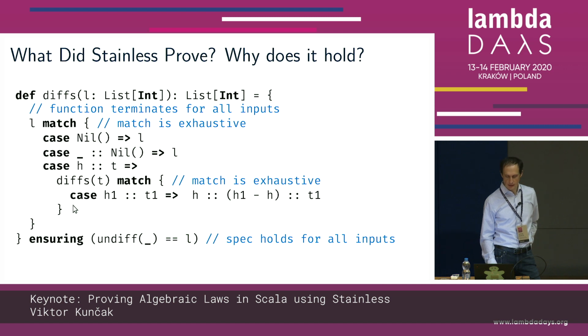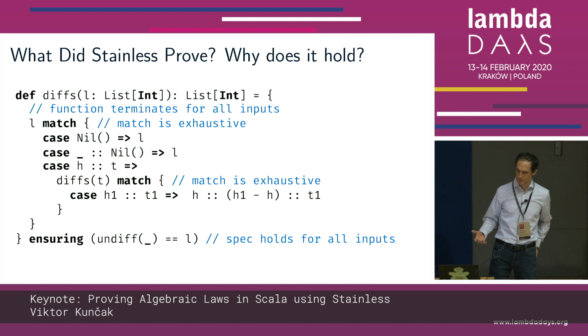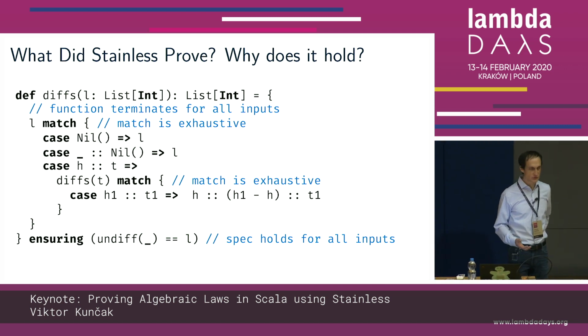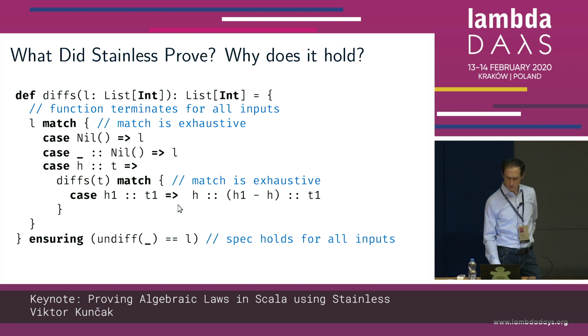Here, I pattern match, and I'm getting back a list, but I don't check for the case of nil. And that's why Scala compiler, when I compile this, issues a warning. It says, well, maybe you forgot to handle the nil case. But actually, our tool shows that it's not possible that you ever get nil here. Why would it not be possible to get nil as a result of this recursive call?